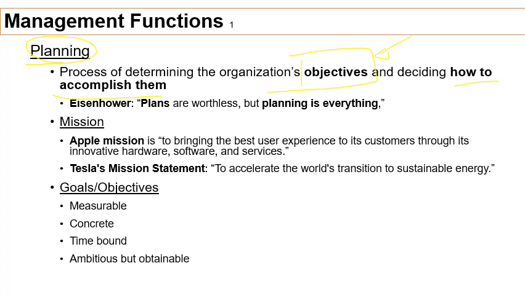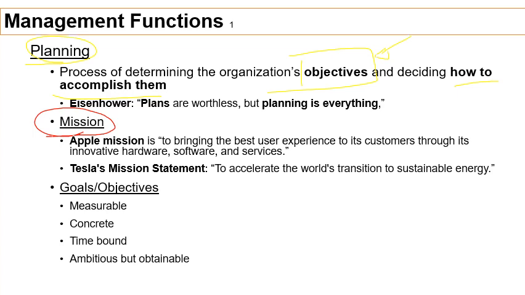Now, within this planning process, one of the essential aspects is determining the mission of the company. And this is the identity of the firm. I have here a couple of mission statements from companies that you know well. I have Apple's, for example, and this is from Tim Cook. I think he gave this speech in 2009. So it's been a few years, but I think it's telling of what Apple has been trying to do in the last few years.